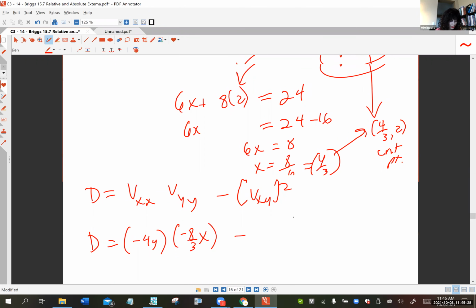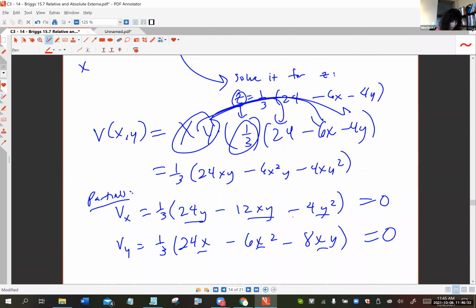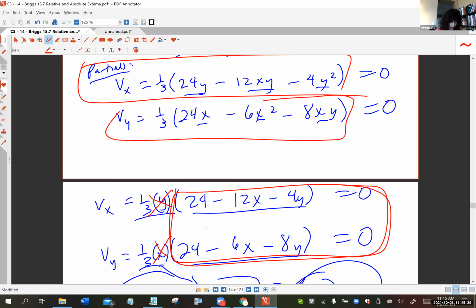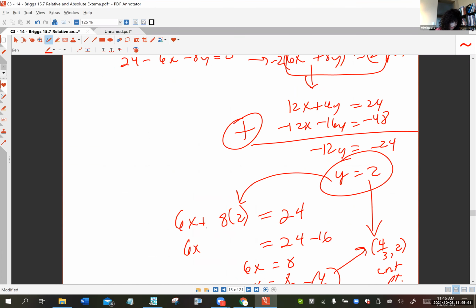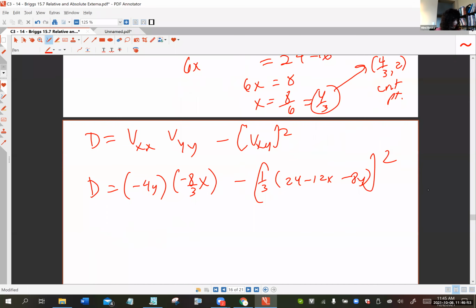And by the way, when you go get your Vxx and Vxy, you do have to go back to your original here, okay, not the reduced version. Be careful. So then your Vxy is pretty gross. It's 1/3 times 24 minus 12x minus 8y. And you're going to want to square that. That looks horrible.